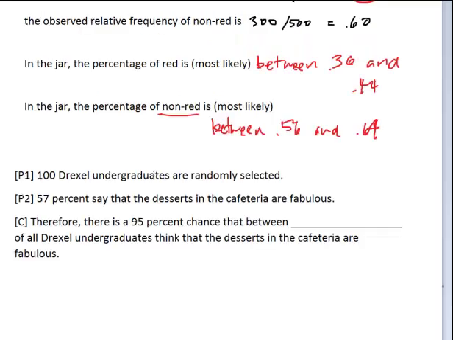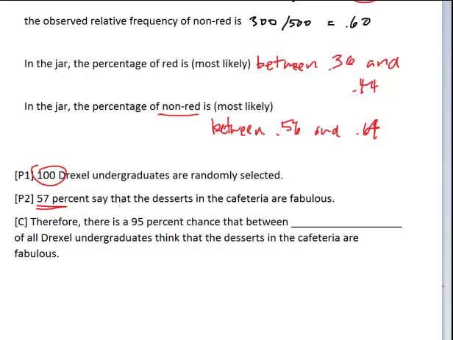Now, here's an argument for which you need to use Table 4 to complete the argument. So premise 1, 100 Drexel undergraduates are randomly selected, and they're asked about the desserts in the cafeteria. So 57% say that the desserts in the cafeteria are fabulous. So here's our sample size, this number here, and this is our observed relative frequency, 0.57.